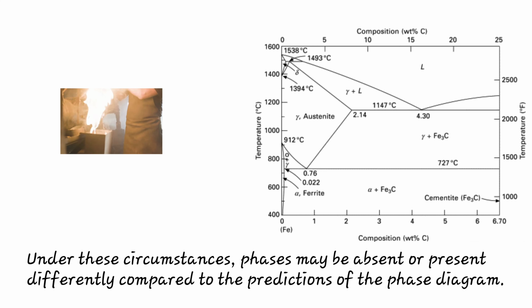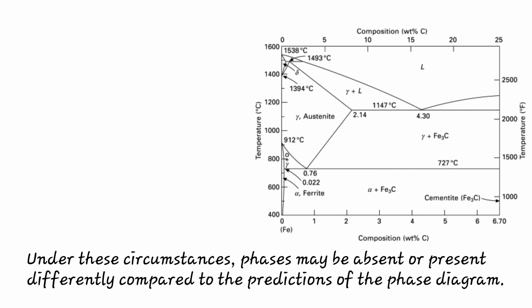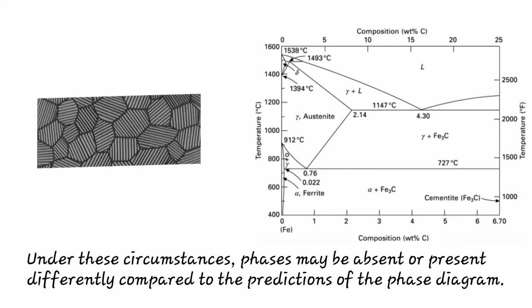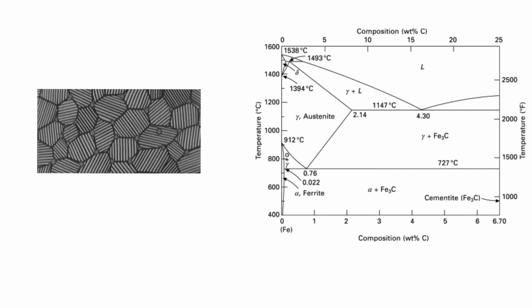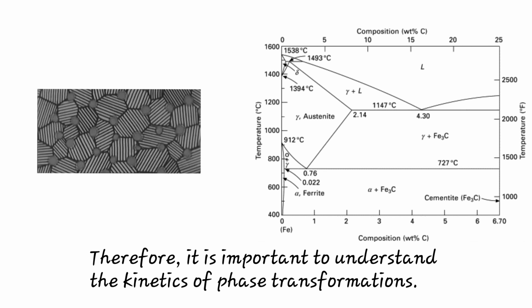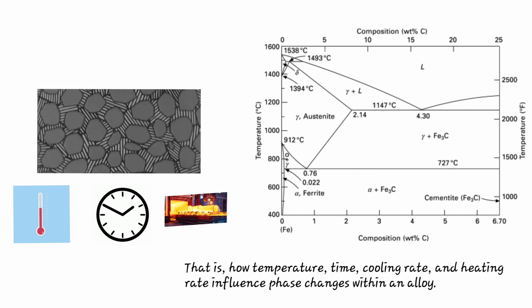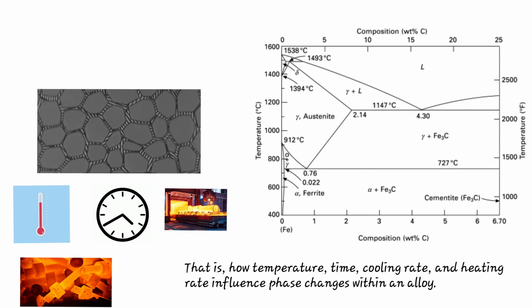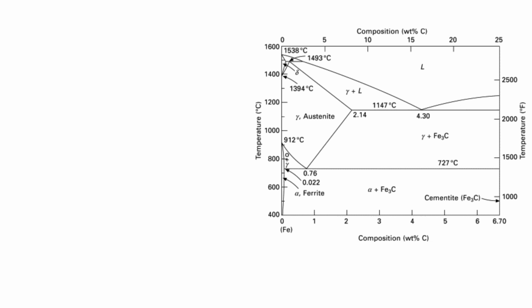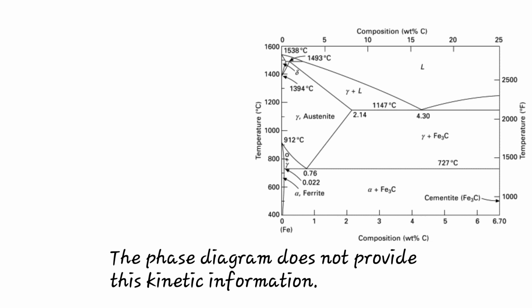Under these circumstances, phases may be absent or present differently, compared to the predictions of the phase diagram. Therefore, it is important to understand the kinetics of phase transformations. That is, how temperature, time, cooling rate, and heating rate influence phase changes within an alloy. The phase diagram does not provide this kinetic information.